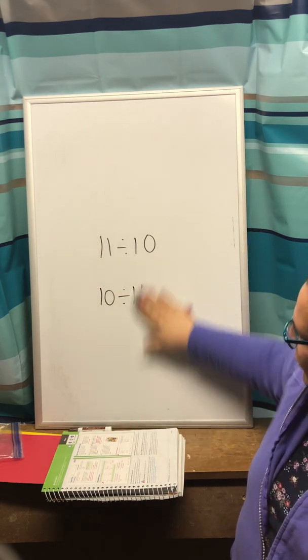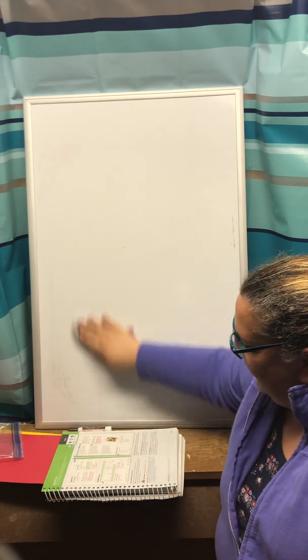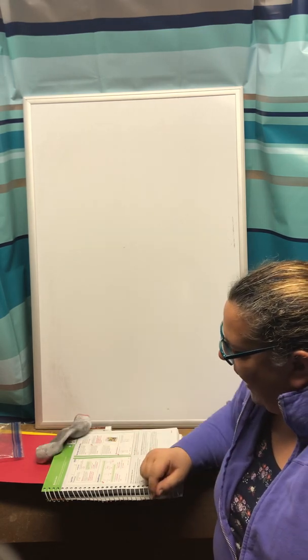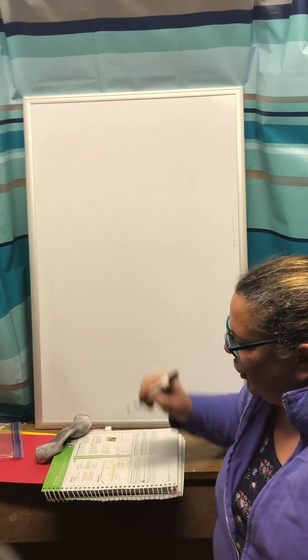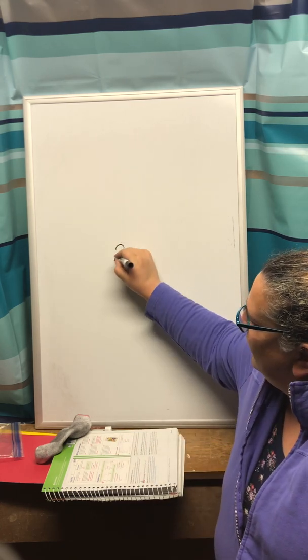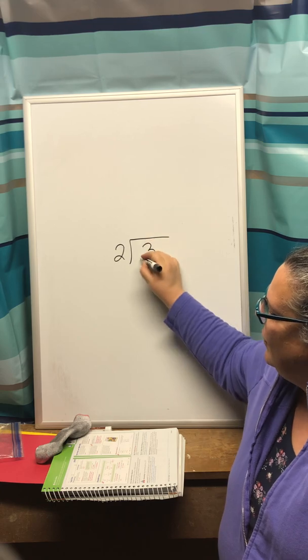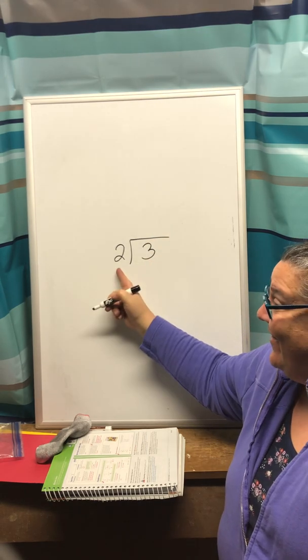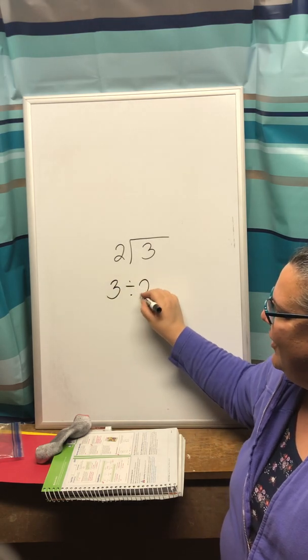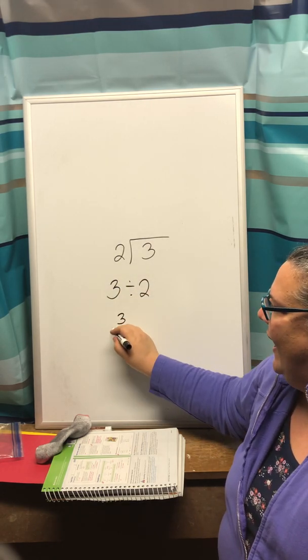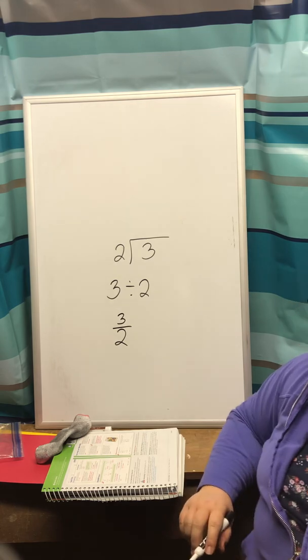For numbers 4 and 5, they would like us to tell how much each person gets when they share equally. So 2 friends sharing 3 apples. So 3 apples divided by 2 friends.